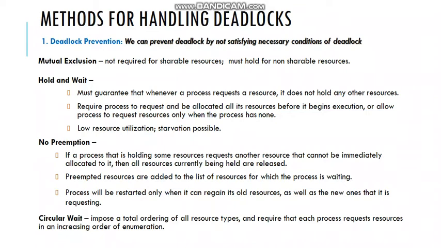So how we can do is, the mutual exclusion is not necessarily guarantee us, if you don't satisfy that mutual exclusion, it does not guarantee us that we can avoid a deadlock. So basically we'll go with the necessary conditions from hold and wait. Mutual exclusion is not required for shareable resources, and it must hold for non-shareable resources. Then what does that mean?